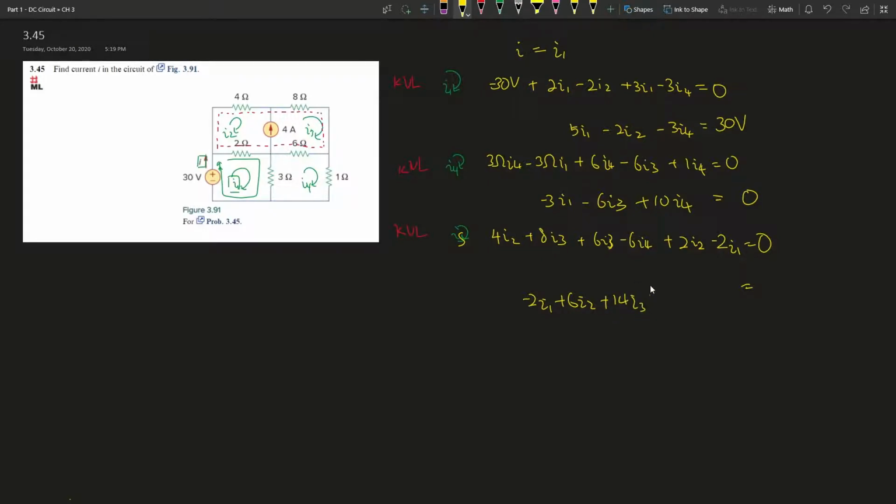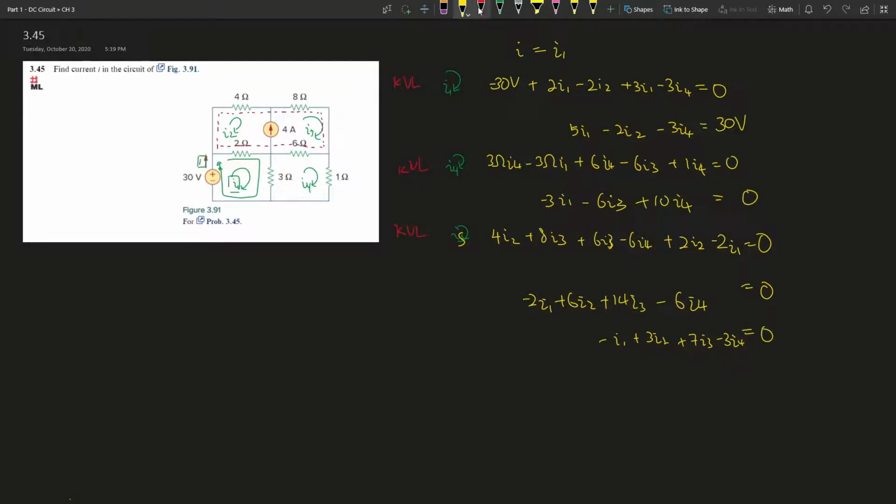I had a brain freeze. And then minus 6I4. Okay, and this whole thing gives us 0. I think you can simplify this one a little bit. Dividing both sides by 2, it's negative I1 plus 3I2 plus 7I3 minus 3I4, and this whole thing gives us 0.